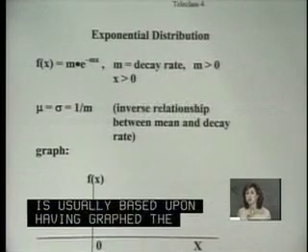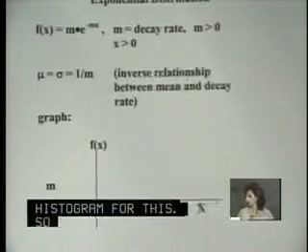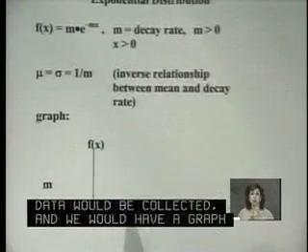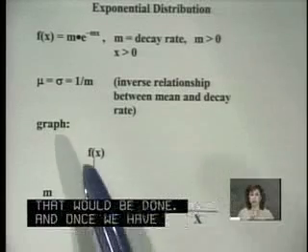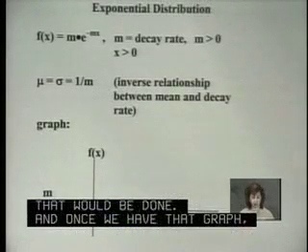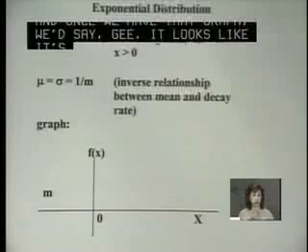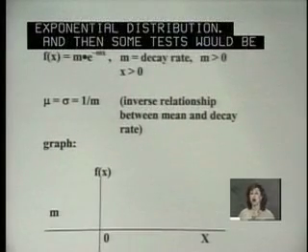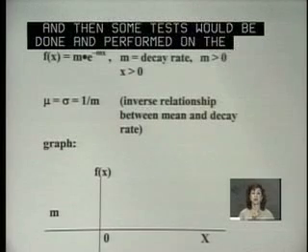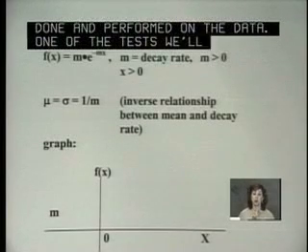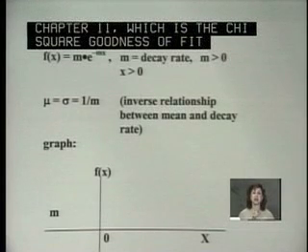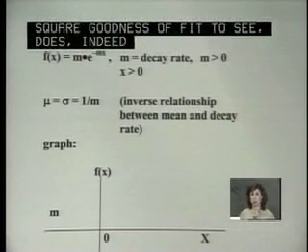Data would be collected, and we would have a graph, and once we have that graph, we'd say, gee, it looks like it's following the shape of an exponential distribution. And then some tests would be performed on the data. One of the tests we'll get to in Chapter 11 is the chi-square goodness of fit, to see if indeed the data follow what we would expect.